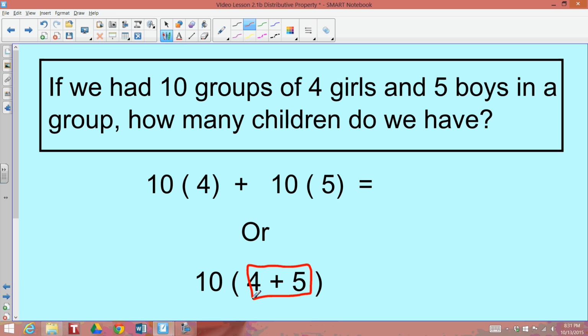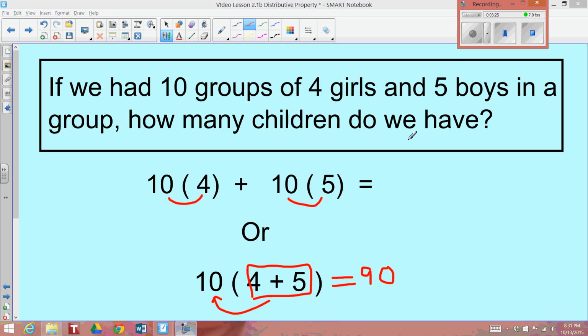And that makes 9 in a group. And then 9 in a group times 10 groups is 90 students. So I could write this situation out by saying 10 times 4 plus 10 times 5, or I could say it's 10 times (4 plus 5).